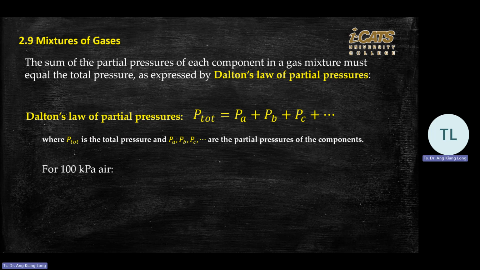Okay, so let's say we take atmospheric pressure as example. If your total pressure is 100 kilopascal, so how do you apply Dalton law? Dalton law equal P total, or you can write the full PTOTAL equal to PN2 plus PO2 plus P argon.